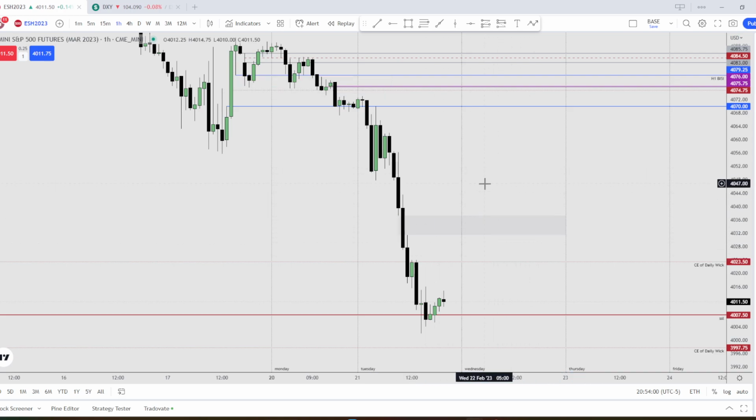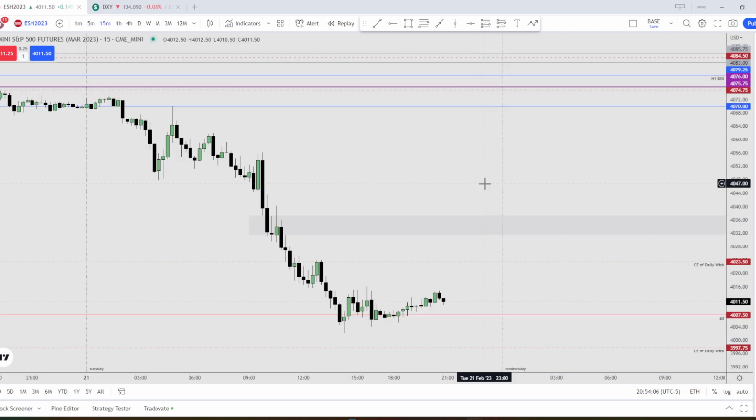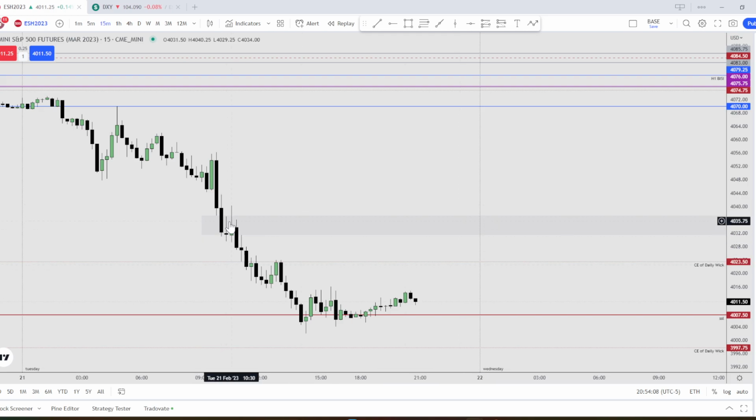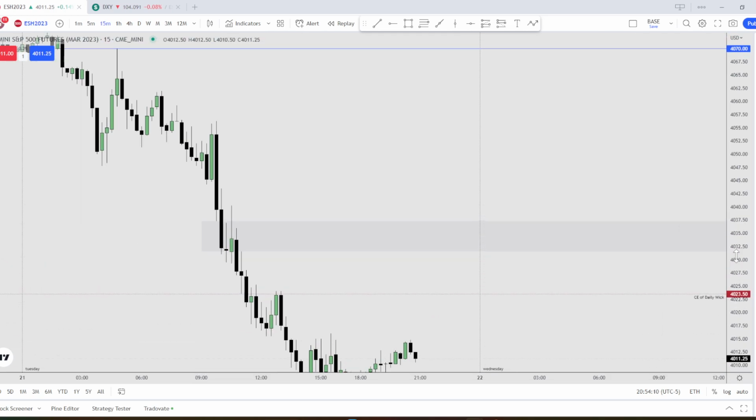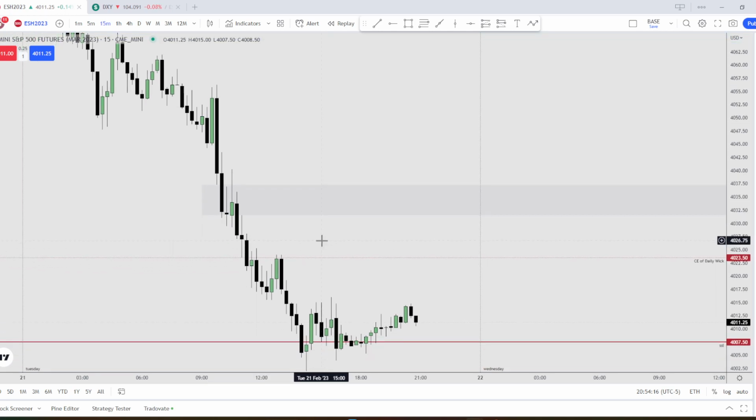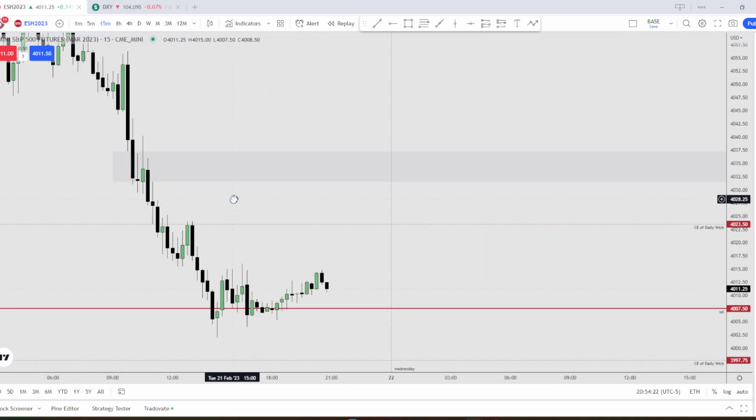Okay, heading down into the 15 minutes. Right here, nothing much. We do not have any inefficiencies on the 15 minutes. Therefore, this is a little bit hard on the lower time frames.